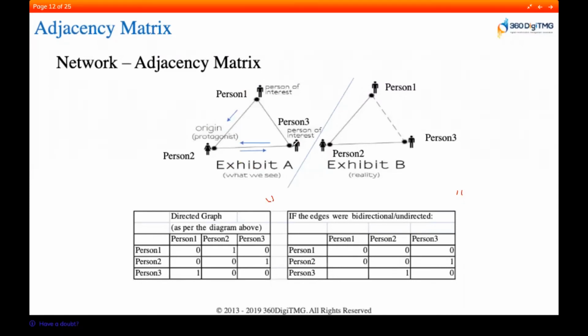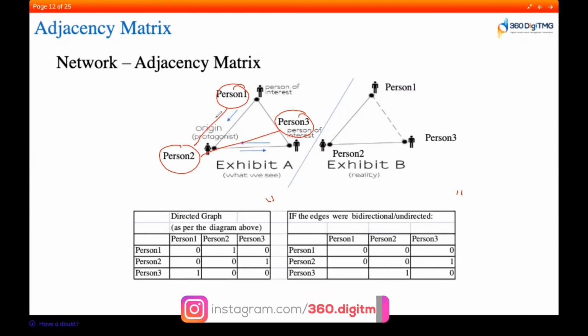The vertices, or nodes, are person 1, person 2, person 3. The connection between them is called edges. So what is a vertex? Person 1, person 2 and person 3 are vertices. And any relationship between person 1, person 2 and person 3 is called an edge.